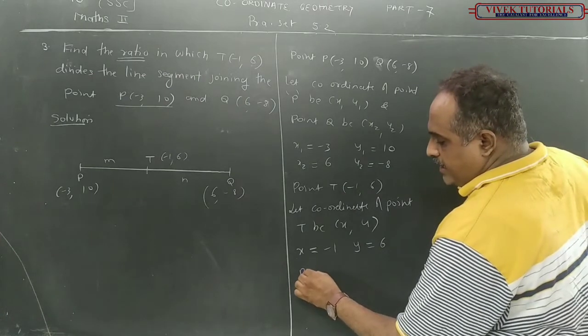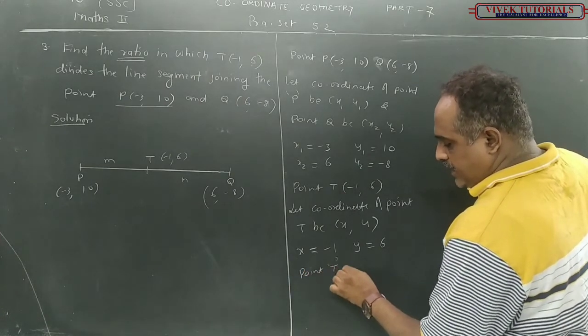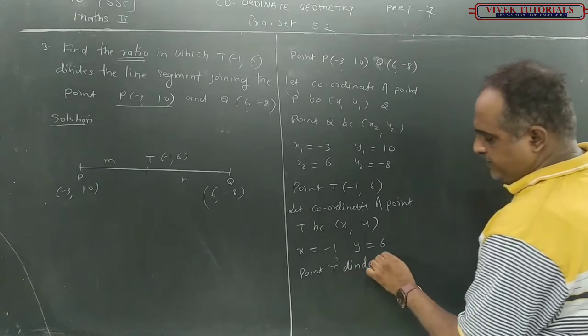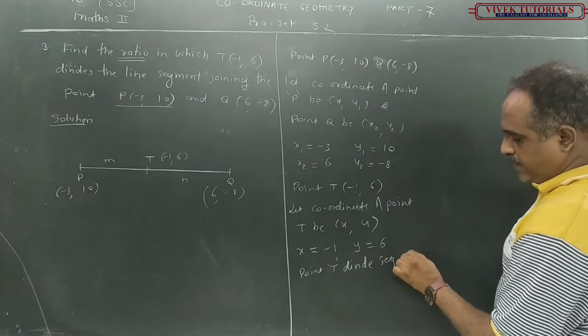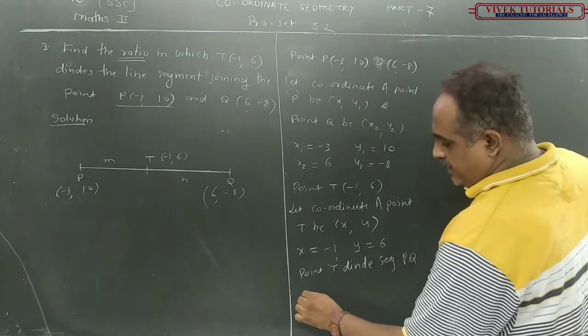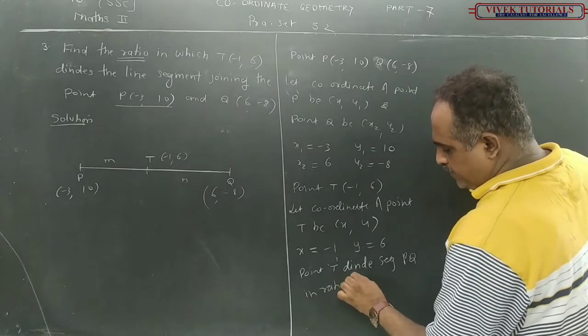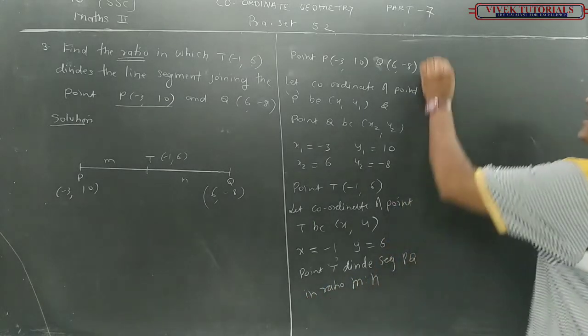Point T divides segment PQ in ratio m is to n.